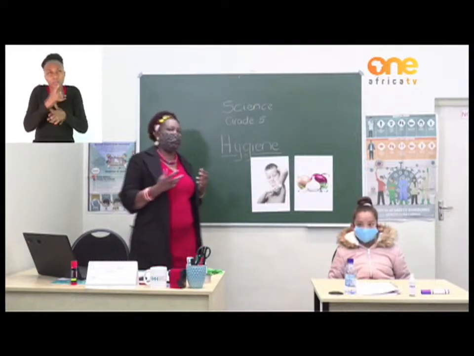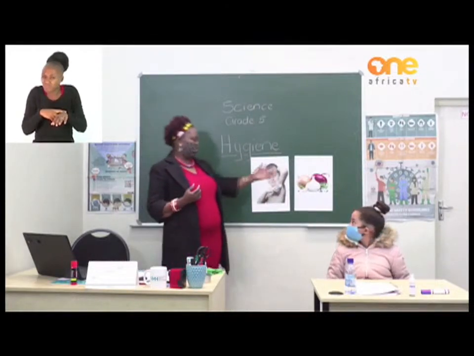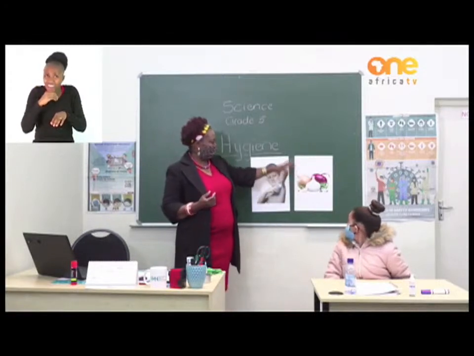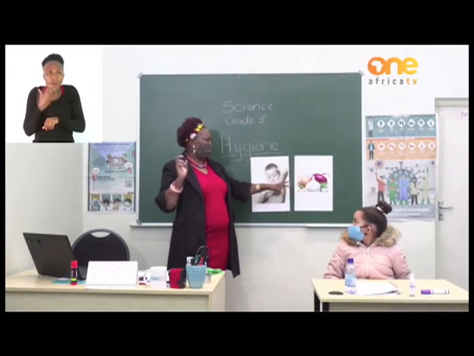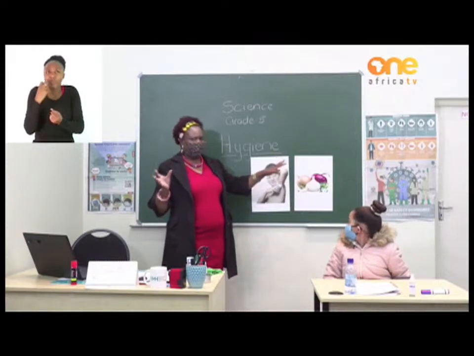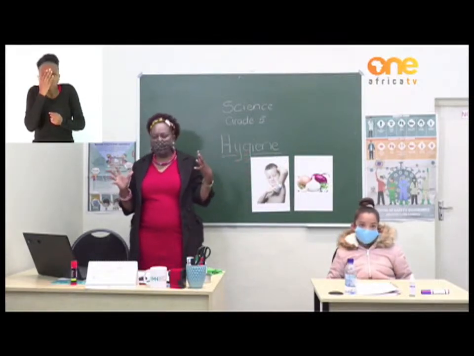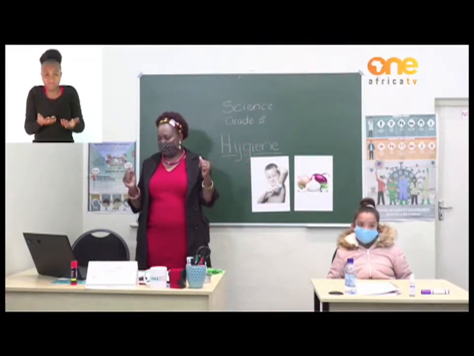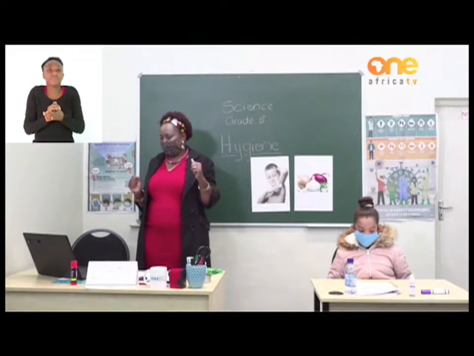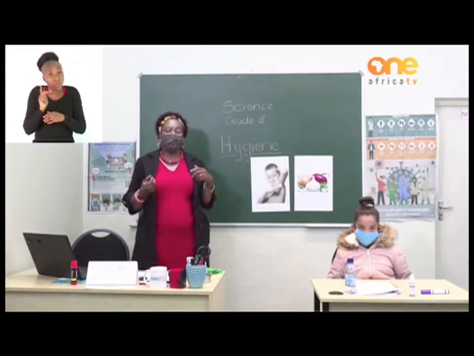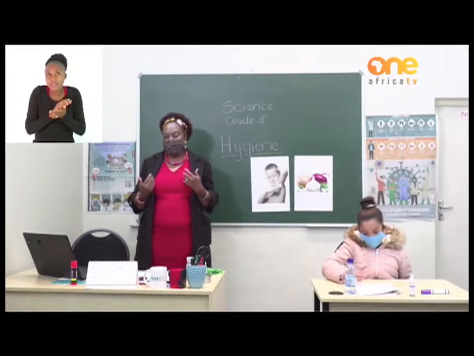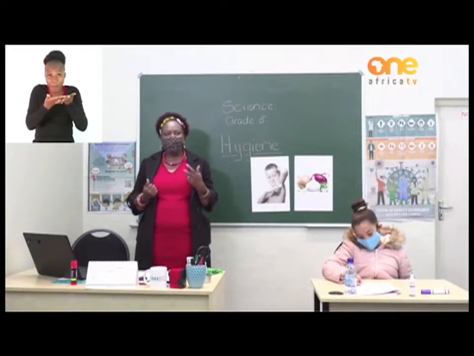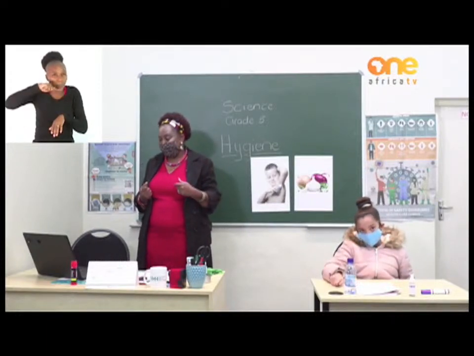Sometimes we even get this bad smell from what we are eating, like the garlic and the peppers and the onions that we eat. They give us this funny smell. And then there are also certain foods you can eat to get rid of this bad smell, like lemons and stuff like that.